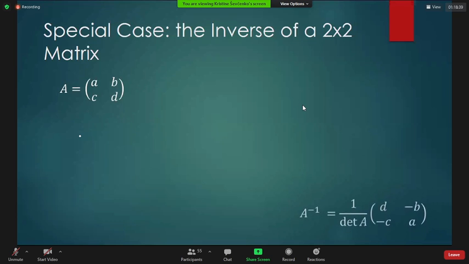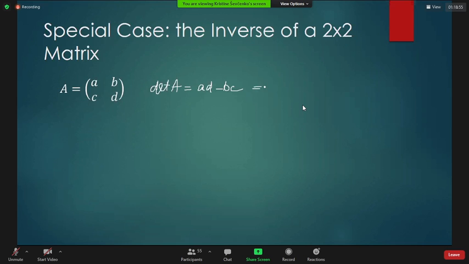So what we do is, the determinant of the matrix A is AD minus BC. We know that. Let's suppose it's not 0. If it is 0, we know we can't follow.